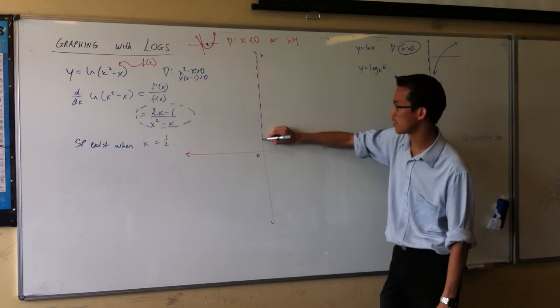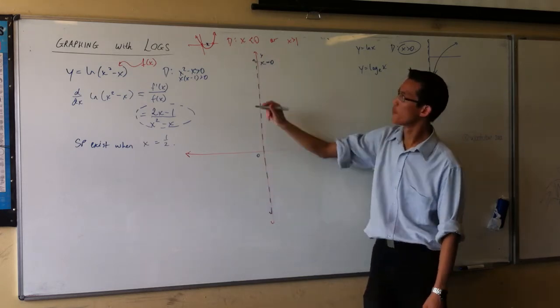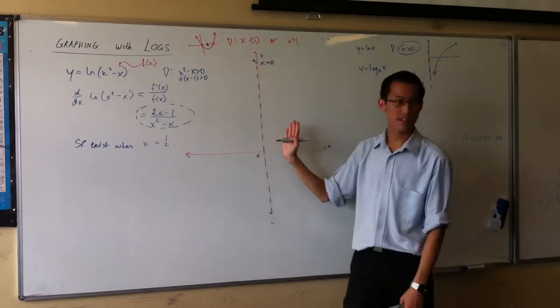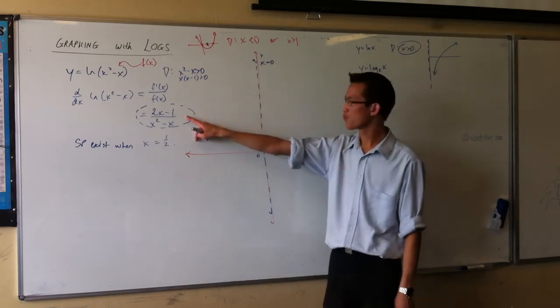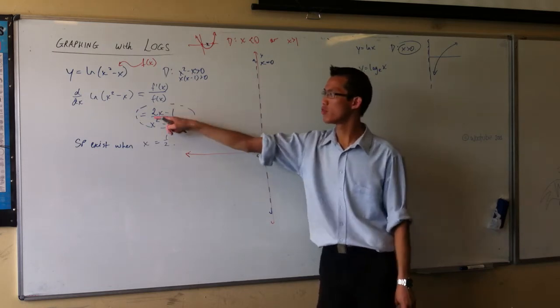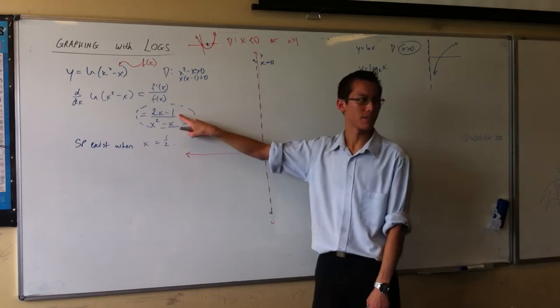So what you'll find as you test some values is that, remember, I can't go past 0 on the left-hand side. To the left of x equals 0, when x is negative, what will the numerator be like? What value will the numerator take? It will also be negative.